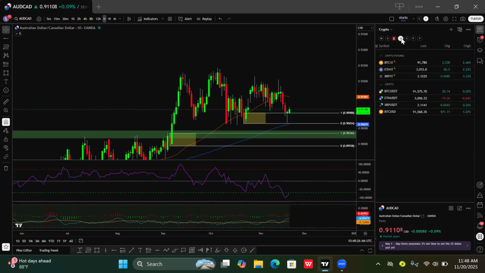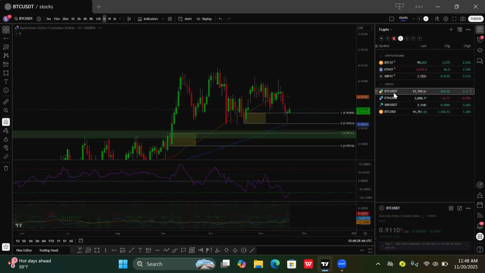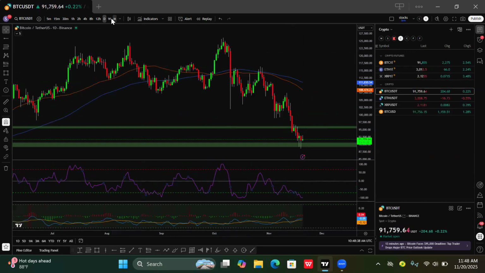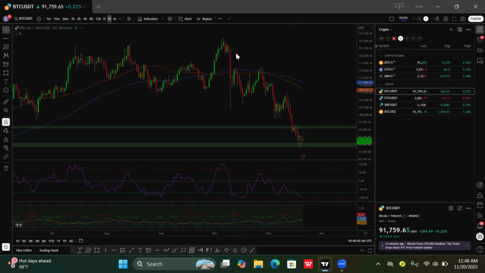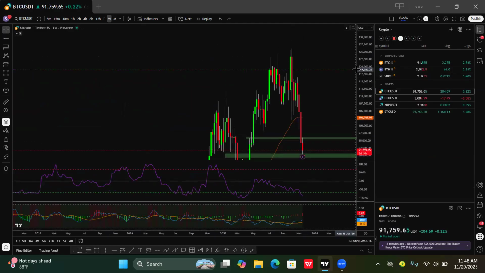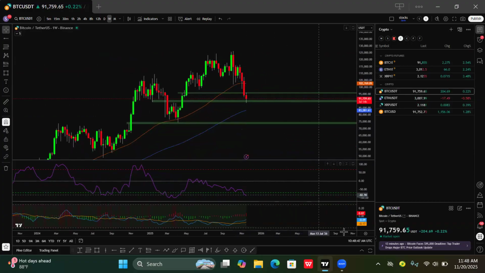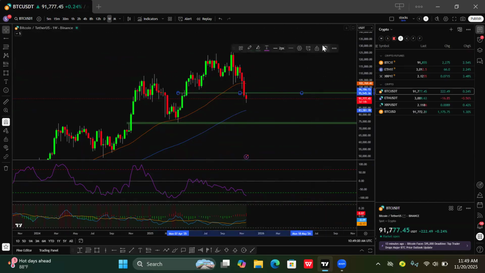Now let's move to crypto. We're currently at 91K on Bitcoin. And like I said, we are close to the weekly chart. Here's the level with big stuff as well.